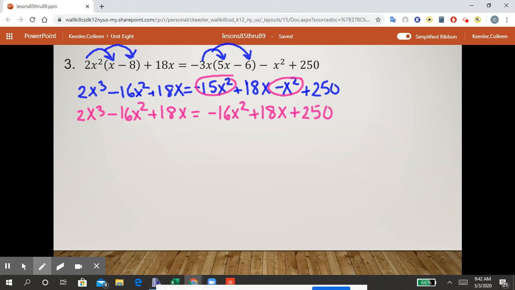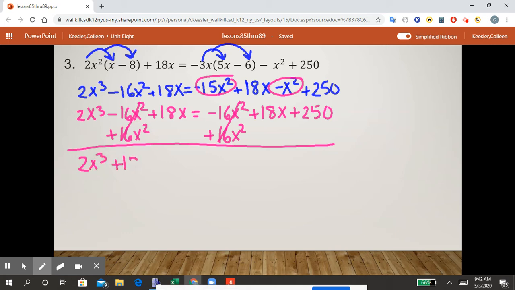So now if I add 16x squared to both sides, that will cancel out and leave me with 2x cubed plus 18x equals 18x plus 250.